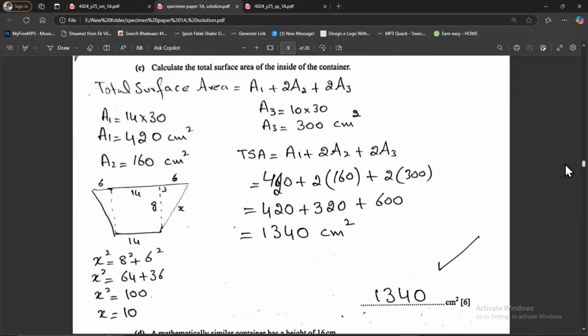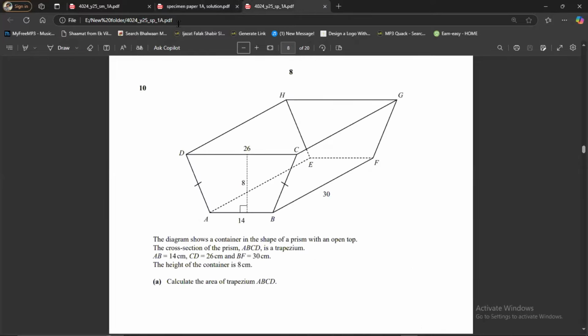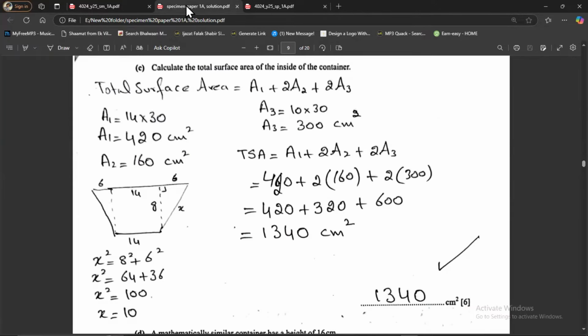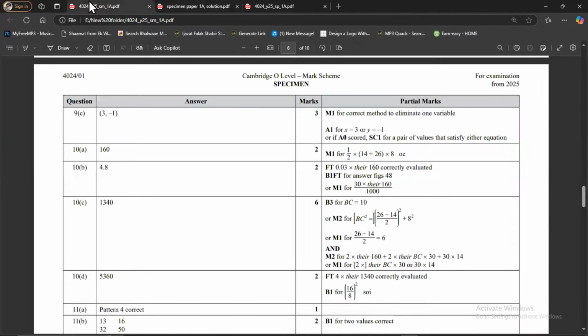So 420 plus 2 times 160 plus 2 times 300. So it is 420 plus 320 plus 600. So that is 1340 centimeter square. So the total surface area is 1340 centimeter square. I hope you understand. 1340 is the right answer.